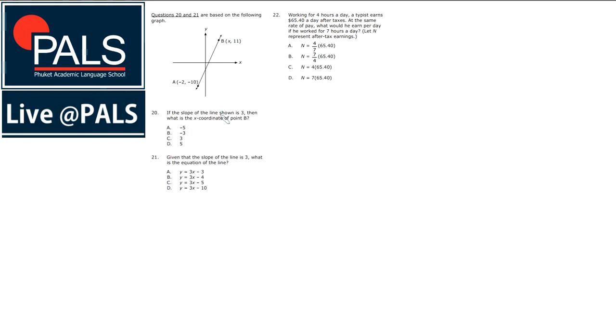If the slope of the line shown is 3, then what is the x-coordinate of point B? So we know that y is equal to, slope is 3.